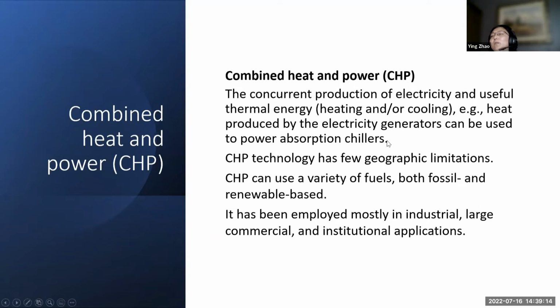For example, they can provide hot water, or you can use the heat to power absorption chillers, to provide chilled water for cooling. This technology has few geographic limitations and uses a variety of fuels.